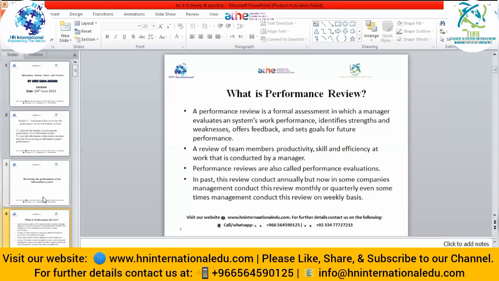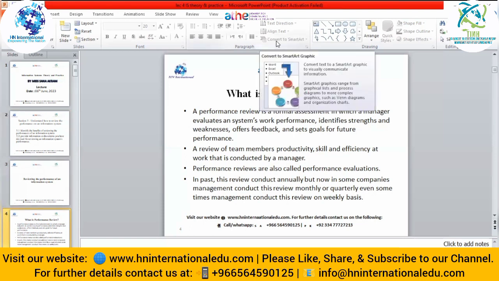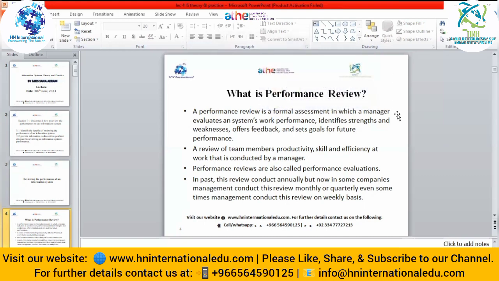We are giving different types of feedback, and according to that feedback we will set the goal for future performance. Like if at the current position our performance is 50%, our future goal will be to improve our performance by 10% or 20%. In the future, we can say that our performance will be 70% or up to 75%.